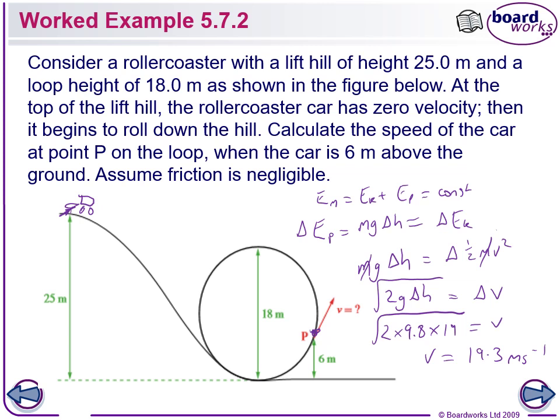And in fact, any time you do a problem like this, you can use that formula: mg delta h is equal to delta 1/2 mv squared. If you've got a change in kinetic to gravitational or vice versa, you can just jump straight to that formula if you like.